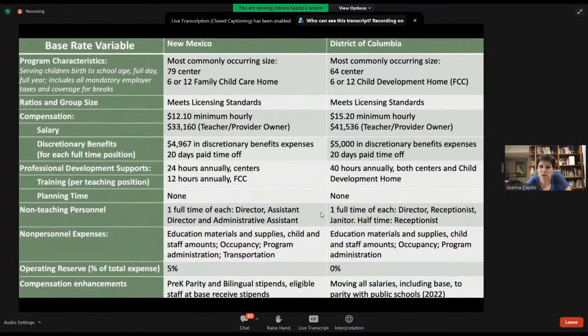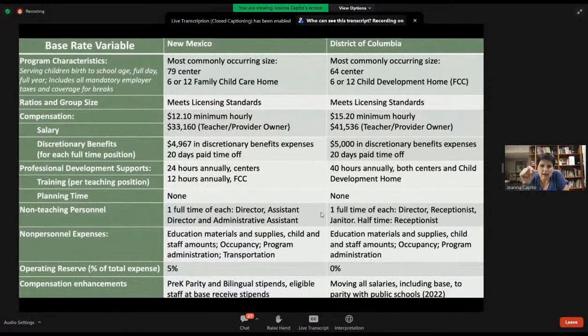Yeah. So because they already have discretionary benefits and paid time off in the model, they are further along with benefits parity than if you're starting brand new on building a cost model. They have an analysis of how far those benefits are from benefits that are offered by the public school system.